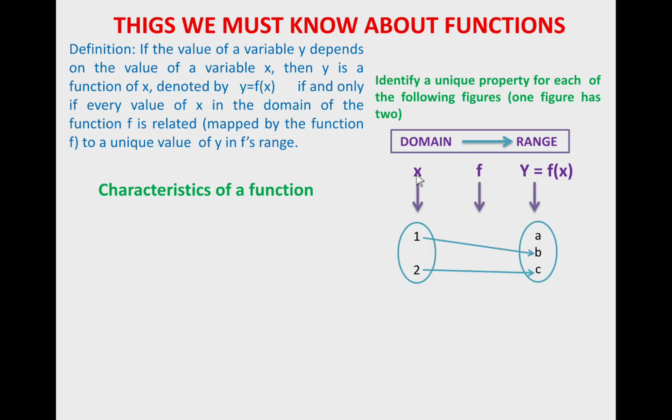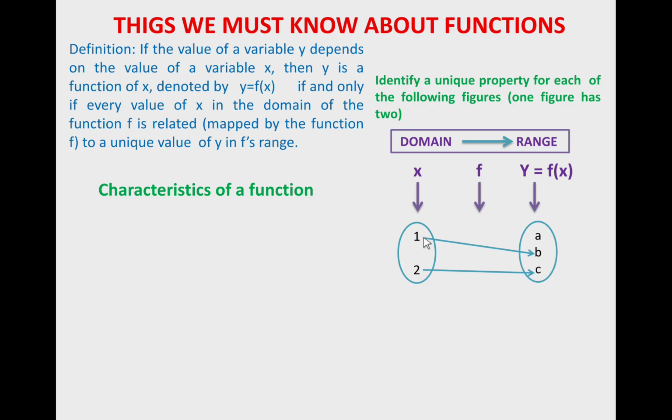Let's take a look at an example of a function. This function has two values, 1 and 2, in the domain, and in the range it has three values, a, b, and c. It's clear that the function maps 1 into b. That means f of 1 equals b and f of 2 equals c.